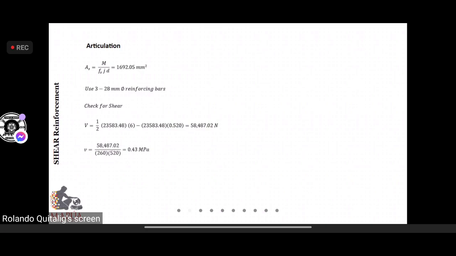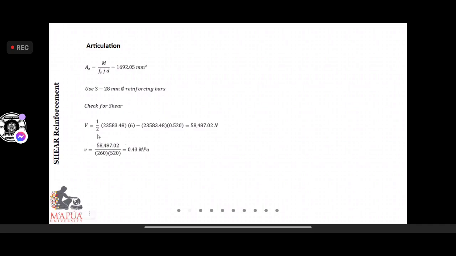We compute for the shear stress. As I told you a while ago, using uppercase V as the shear, Q as the statical moment of area, I as the moment of inertia, and B as the dimension, you can derive the formula for a rectangular section.